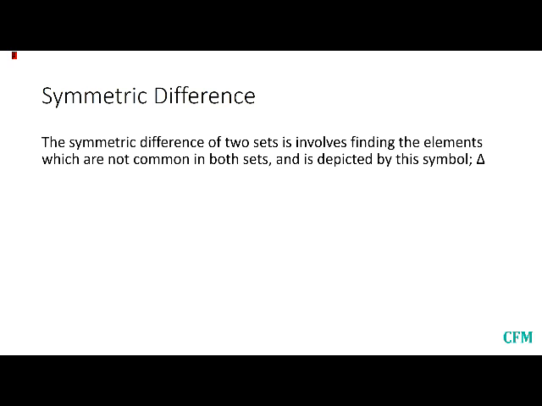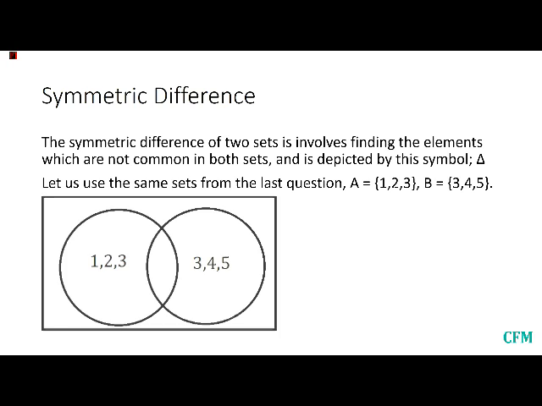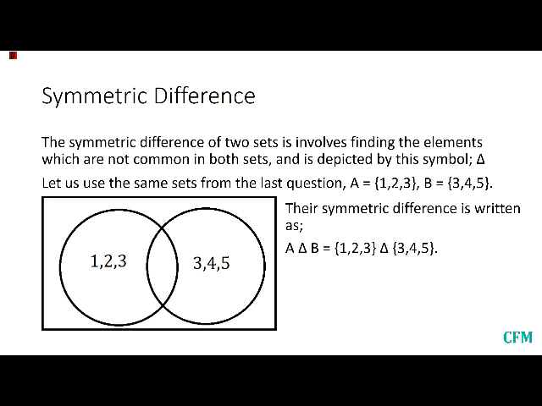So we're using a triangle to depict the symmetric difference, and we're using the same sets, A and B, and we're writing it as A triangle B to denote A symmetric difference B. So the common element between the sets is 3. So we simply union A minus B, which is 1, 2, with B minus A, which is 4, 5, which equals 1, 2, 4, and 5.